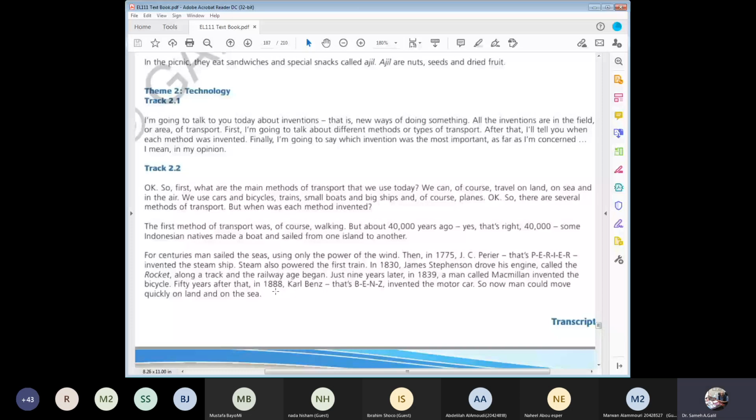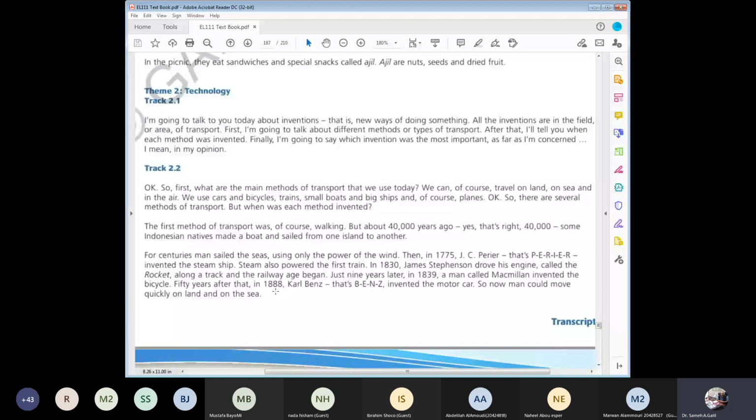How can I know the function? Read the sentence or the phrase that comes after. He says, I'm going to talk to you today about inventions. That is, new ways of doing something. So "new ways of doing something" tells you what about "that is."